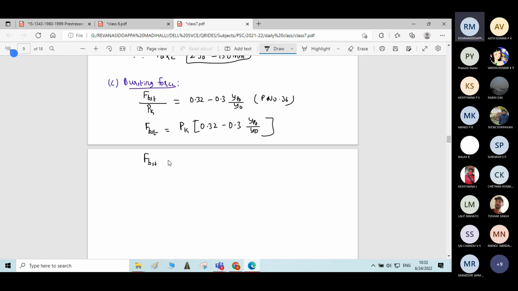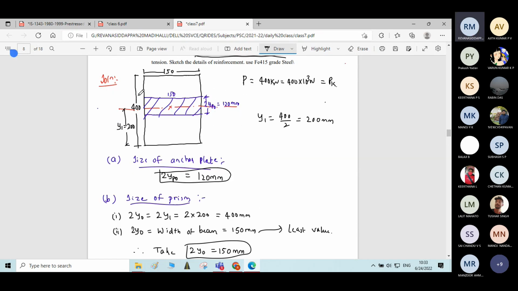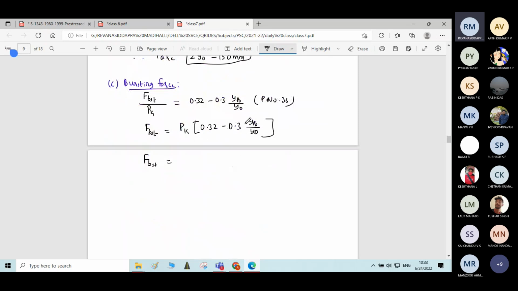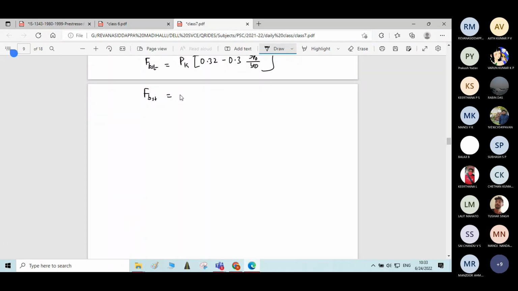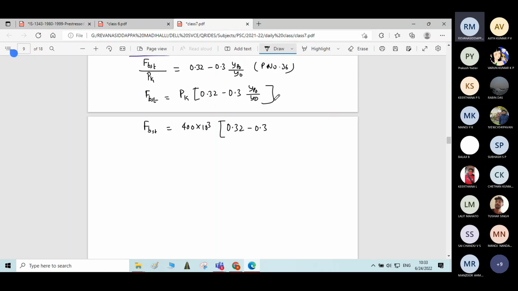Therefore, bursting force, with the prestressing force 400 into 10 power 3, is equal to 400 into 10 power 3 into 0.32 minus 0.3 YP naught divided by Y naught.